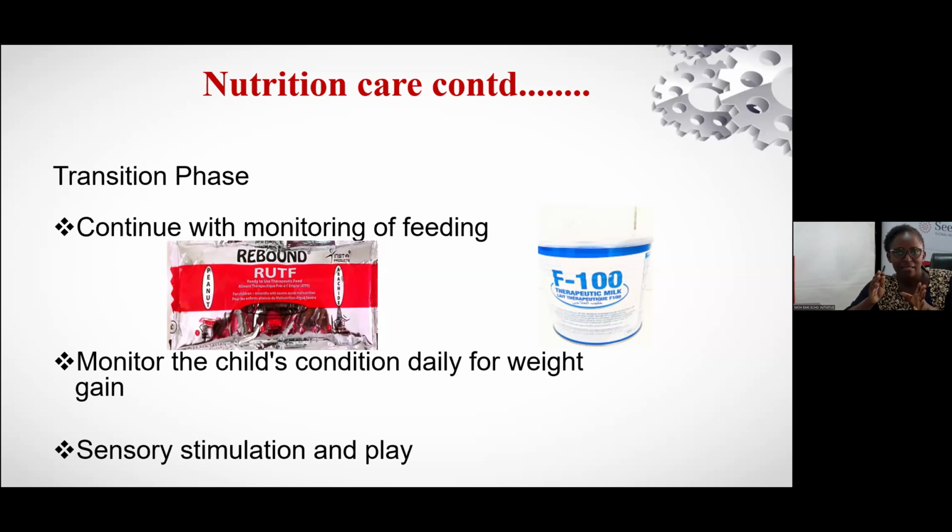So basically that is that, and then you continue checking on the child, and we involve sensory stimulation and play, because remember, a child who does not play will not improve faster. So we encourage the mothers to play with their children, even us as health workers, as nurses are moving around, we need to play with the children, communicate.